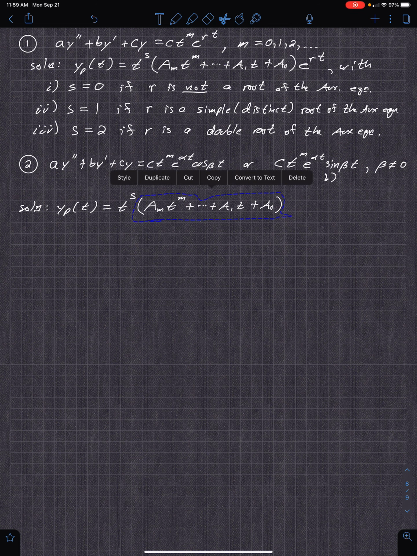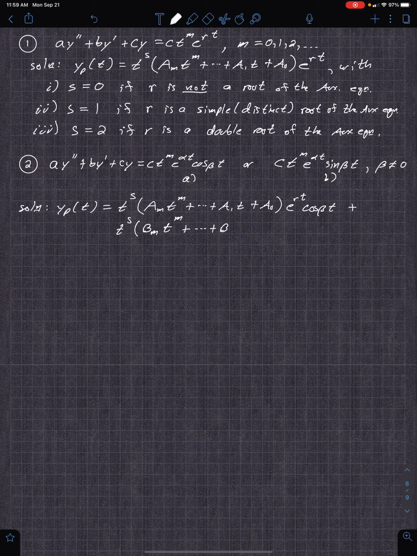So you have that, but then you get e to the rt cosine beta t, and then you say plus the other term, which would be t to the s times a whole different polynomial, same degree though: B sub m t to the m plus etc. down to b1 t and then b naught.